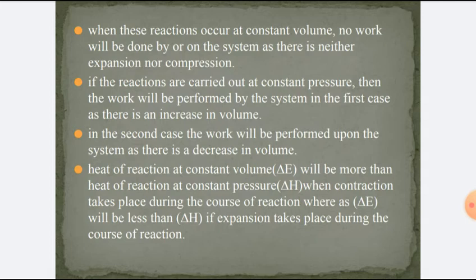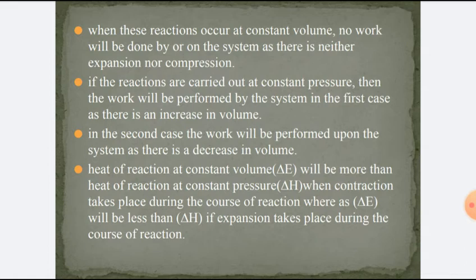However, if the reactions are carried out at constant pressure, then work will be performed by the system in the first case, as there is an increase in volume, because 2 moles of ammonia give 4 moles of nitrogen and hydrogen. In the second case, work will be performed upon the system as there is a decrease in volume: 3 moles of hydrogen and oxygen give 2 moles of water.